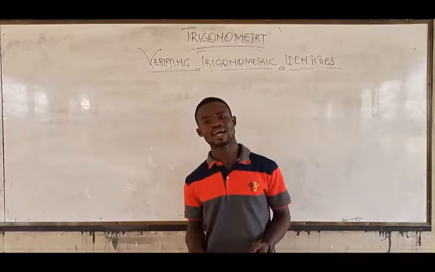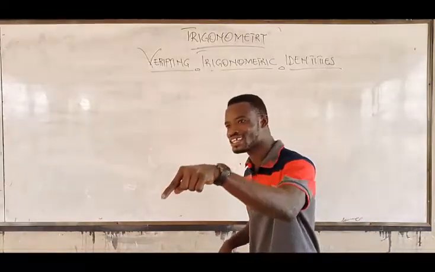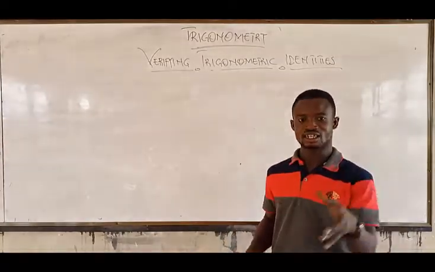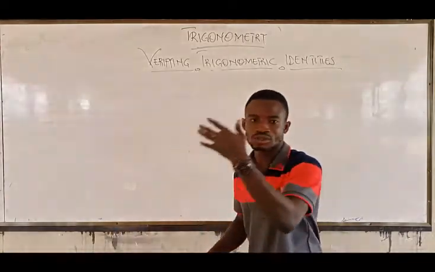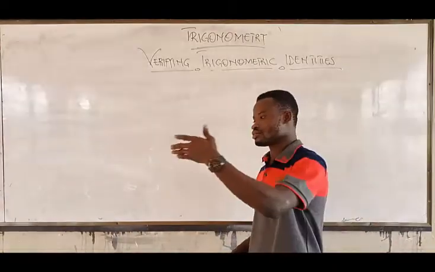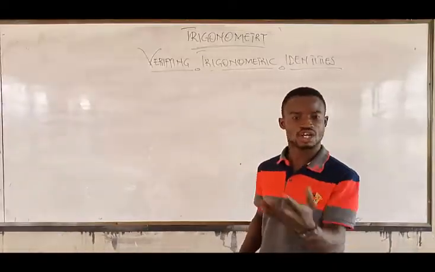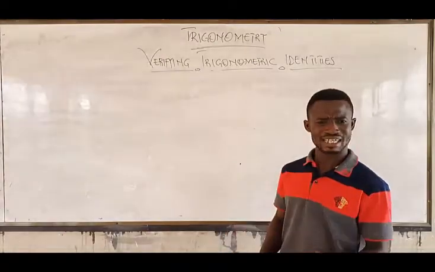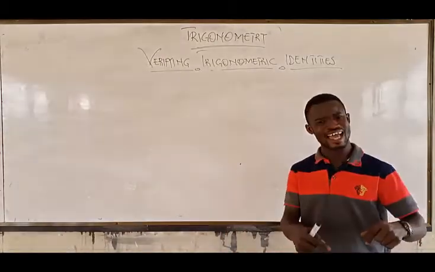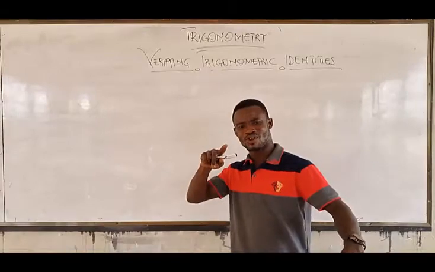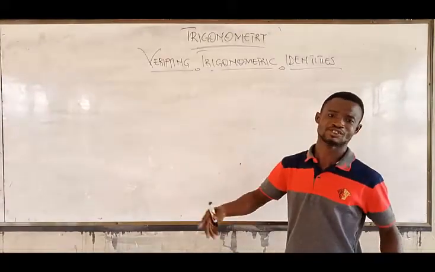You can express tan in terms of sine and cos easily, cosec to sine and cos, sec to sine and cos, cot to sine and cos. But for you to express sine in terms of cosec, it will be more complicated.